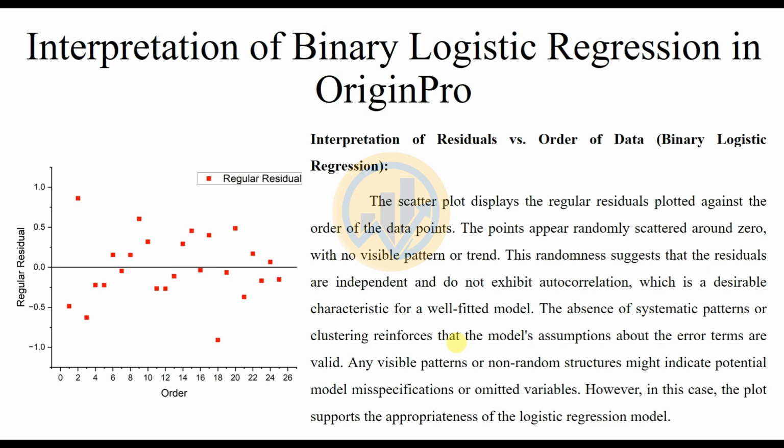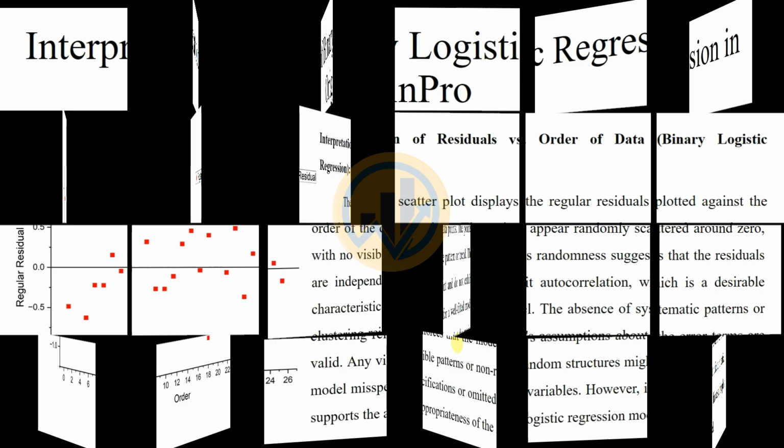The absence of systematic patterns or clustering reinforces that the model's assumptions about the error term are valid. Any visible patterns or non-random structures could indicate potential model misspecification or omitted variables. However, in this case, the plot supports the appropriateness of the logistic regression model.